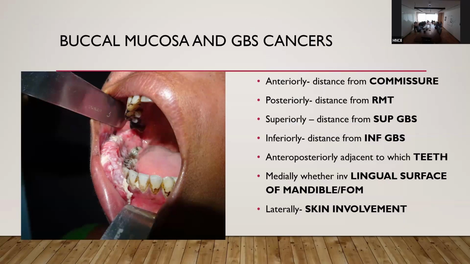Superiorly from the superior GBS, and vice versa, the inferior GBS, coming onto the alveolar gingiva. Then anteroposteriorly, you have to say from which teeth to which teeth is involved. With all these factors, the person in front will get an idea of the whole tumor extent in his mind. Then medially, whether it's coming onto the lingual surface of the mandible or floor of mouth. And finally, laterally, the skin involvement.